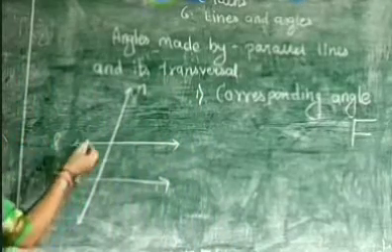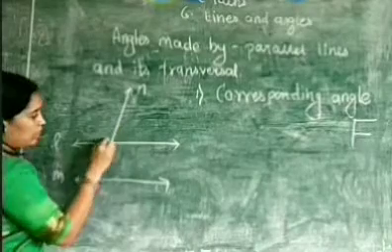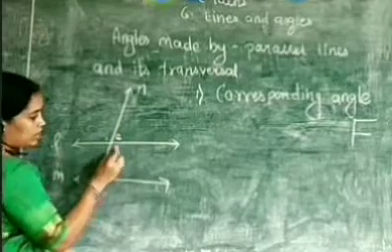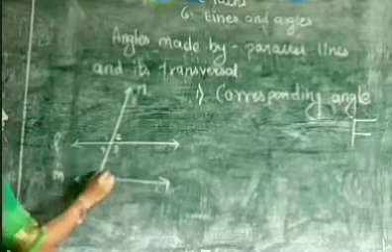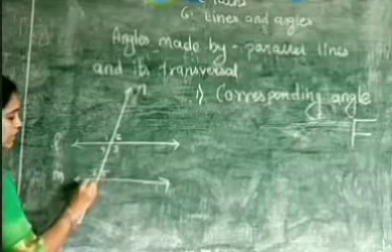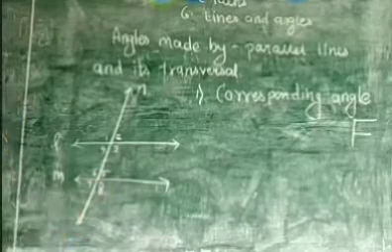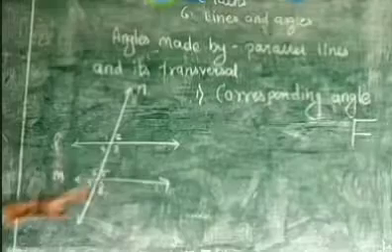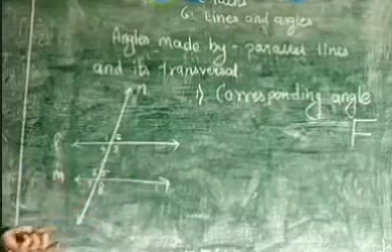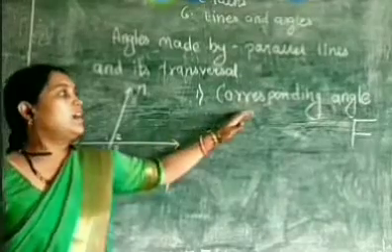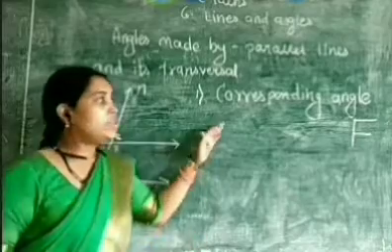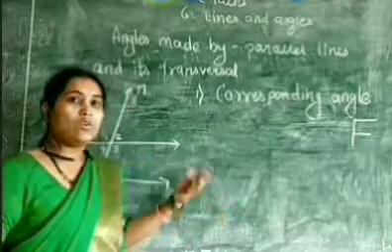In the diagram, I have named the angles 1, 2, 3, 4, 5, 6, 7, 8. Corresponding angles are equal to each other.